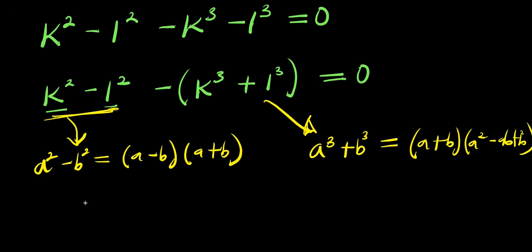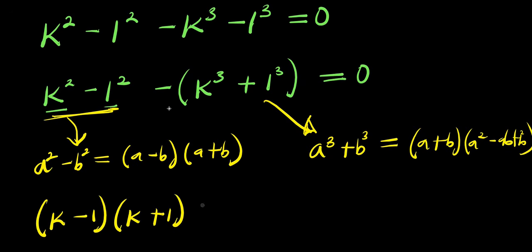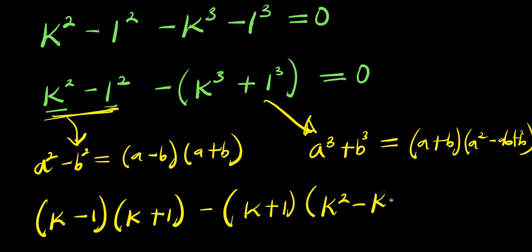So to expand this, I'm going to have k minus 1 times k plus 1. Then I have minus. For this, I'll have k plus 1 times k squared minus k times 1 plus 1 power 2, and this equals 0.